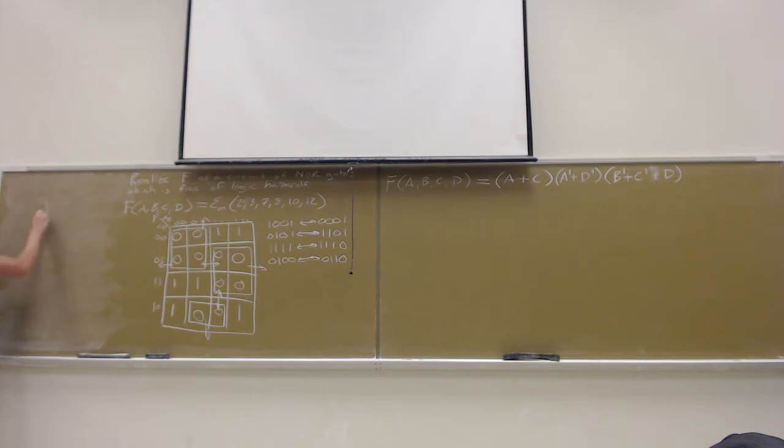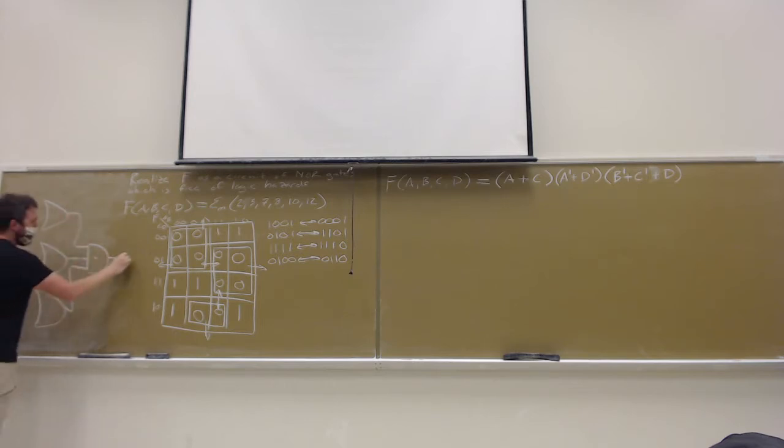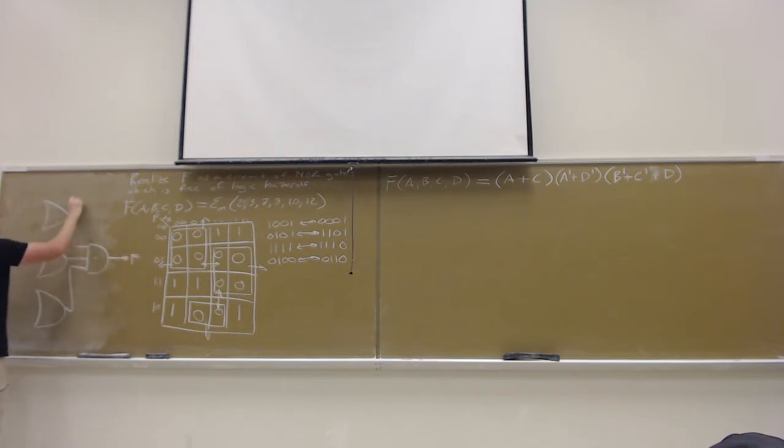So 1, 2, 3, and an AND gate. That gets us F. Let's call that gate 1, gate 2, gate 3. The first one is A or C. Second one is A prime or D. Let's do it like this.